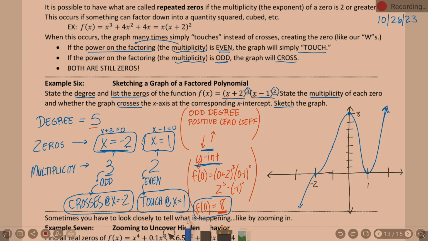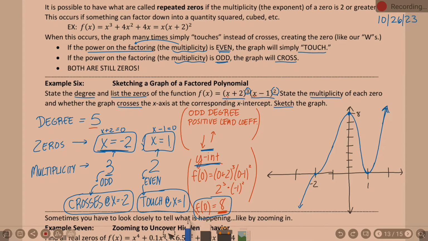Okay. To get out of this, be able to find the degree. If you multiply this out, what would be that highest power? Zeros: setting each factor equal to 0. Multiplicity, that's your power on each factor. These are what we call repeated zeros. There's technically still 5 zeros here, it's just that they're repeated.